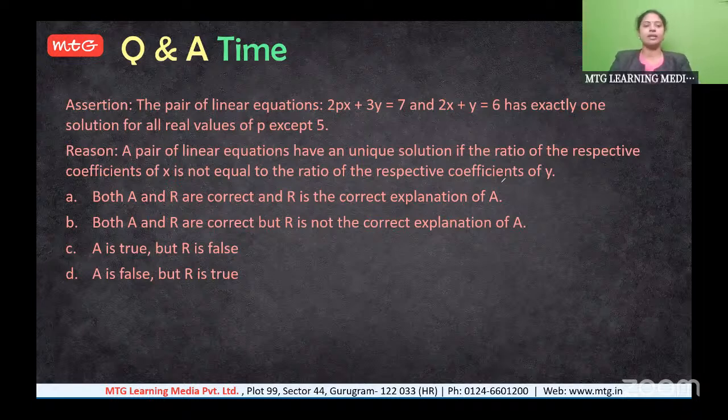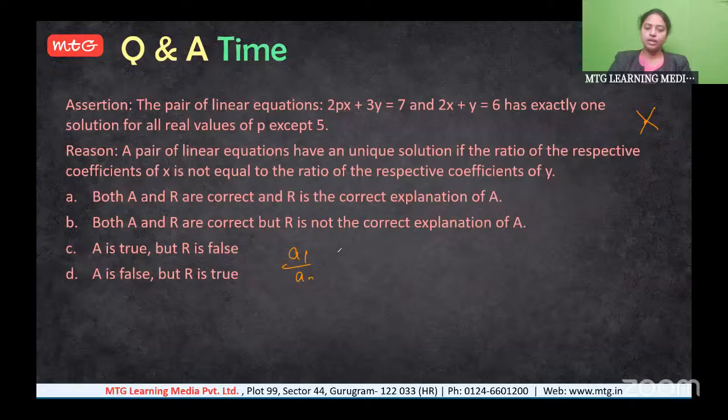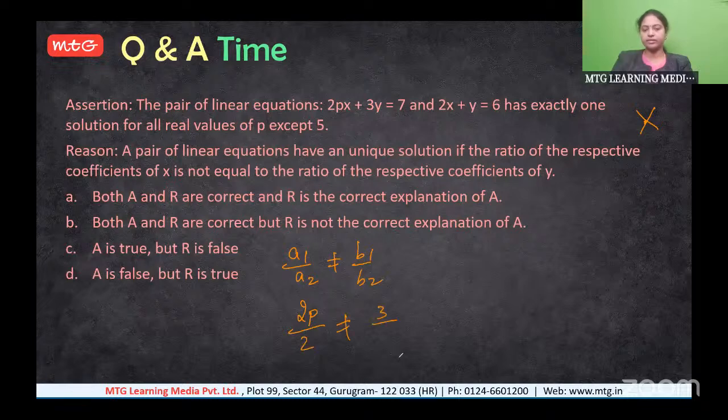Here they said the pair of linear equations, whichever is given here, has exactly one solution. What is the meaning of exactly one solution? They are intersecting. When will they be intersecting lines? When A1 by A2 is not the same as B1 by B2. Now this scenario is possible by replacing those values of A1, A2, B1, B2. We get 2P by 2 is not equals to 3 by 1.